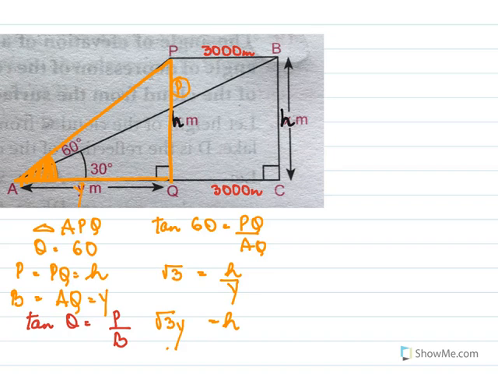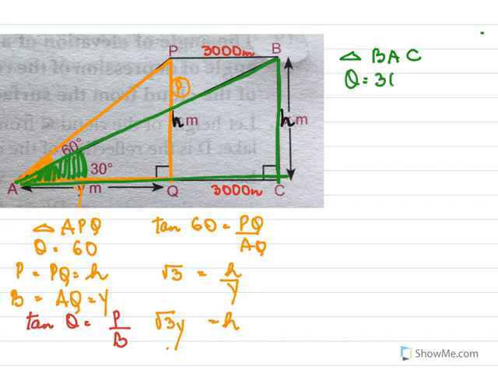Now we'll take up the other triangle, and the other triangle is of 30 degrees. So here is my next triangle, the green one. In triangle BAC, here also we'll find h, and I will equate for h. So here theta is 30. The perpendicular is BC, which is h, and the base is AC, which is y plus 3000.